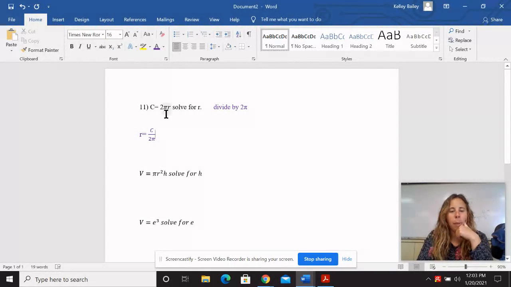So I just divided by 2 pi. Because I was multiplying 2 pi times r, so to get r by itself, I divided by 2 pi.